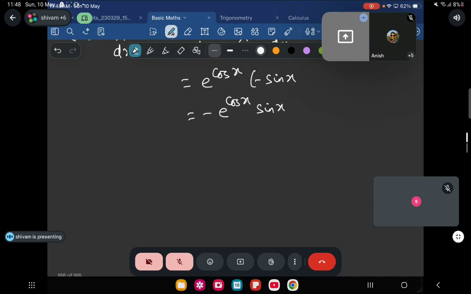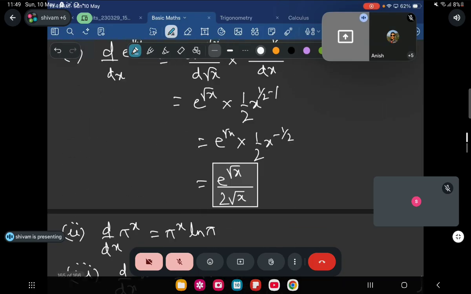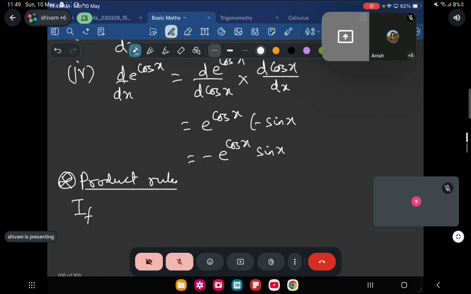Next we have something called product rule. We have just discussed summation and difference rules, plus minus, f of x plus minus g of x. Then there is product rule.